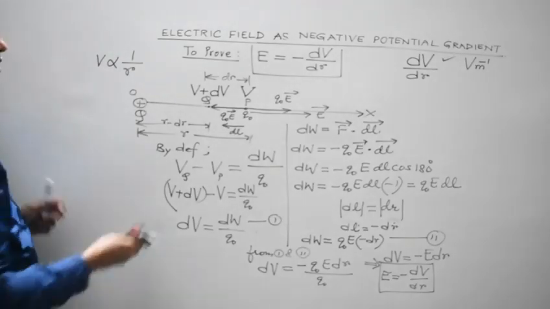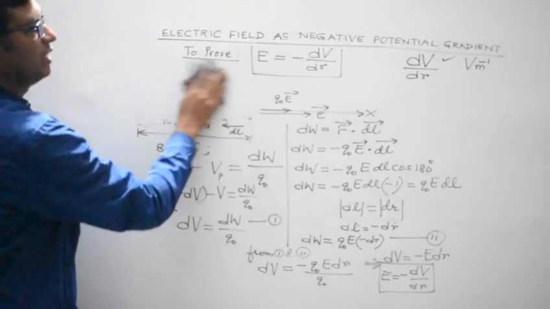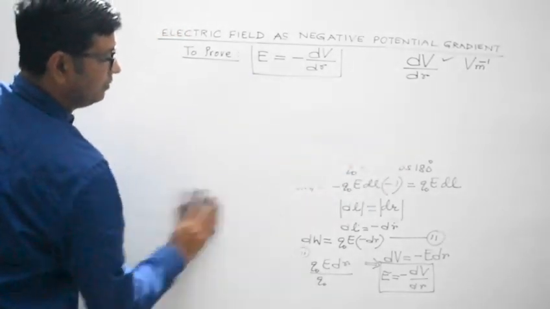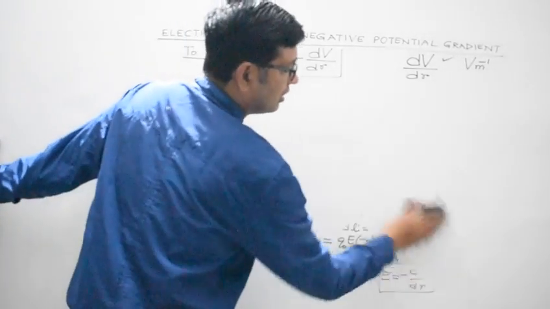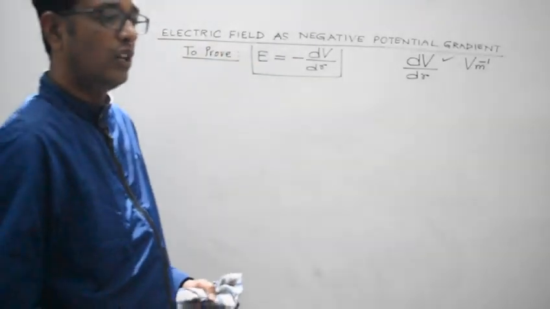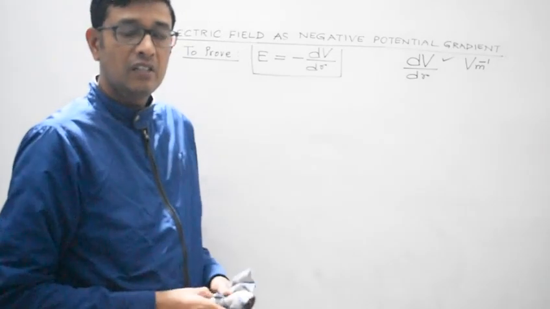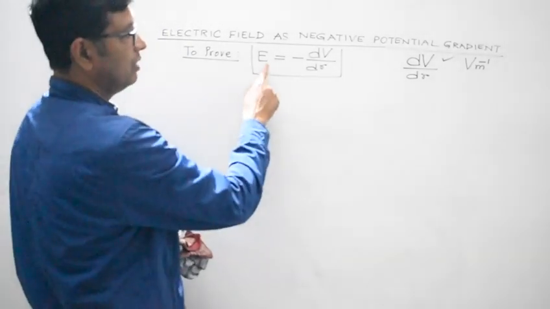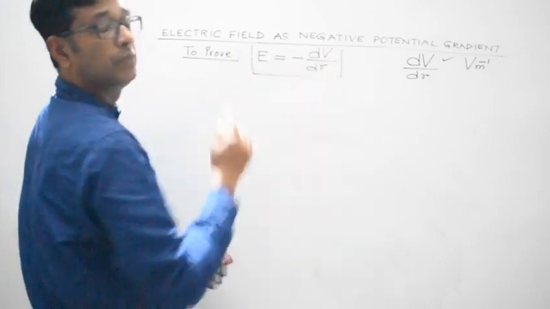So we will try to discuss some special cases, and also we will discuss the significance of this negative sign. One more thing, I told you in the previous section, electric field can have two SI units. One is force per unit charge, that is Newton per coulomb, and another SI unit can be dV by dr, that is volt per meter.